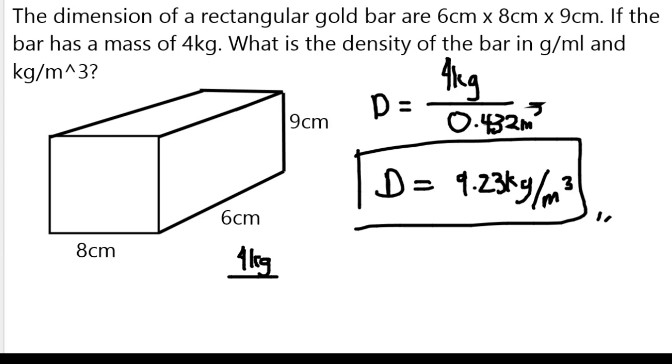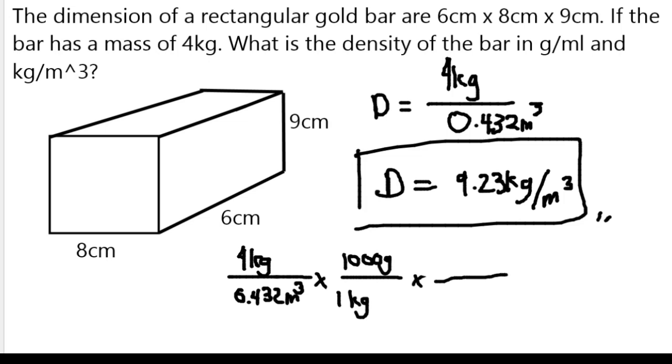We have 4 kilograms and 0.432 here, and we need to use the conversion process. In 1 kilogram there are 1,000 grams, which I'm going to put on the numerator.